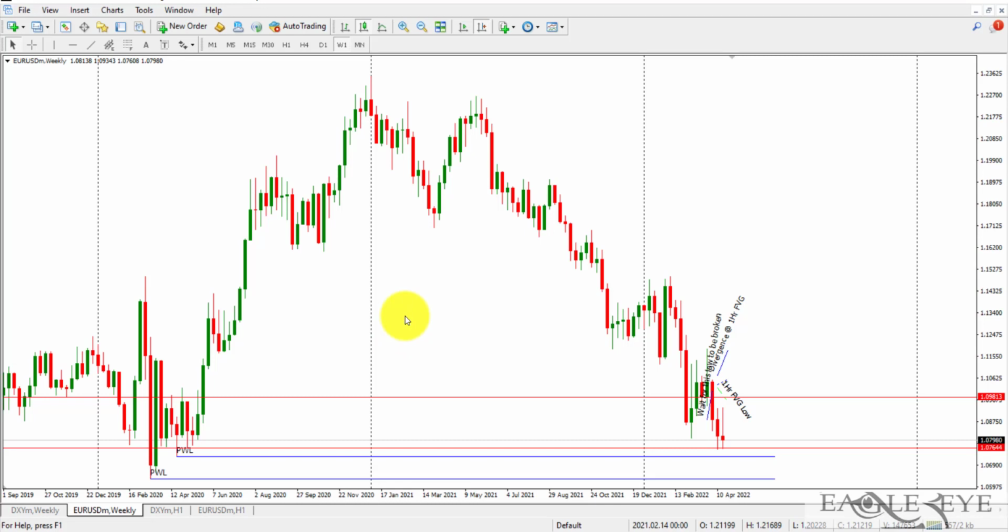That's what I'm expecting for the coming week, even though this particular week gave us some kind of a dodgy move. I'm still looking for this low to be taken out and this low to be also taken out. So that is it for my expectation for the coming week.